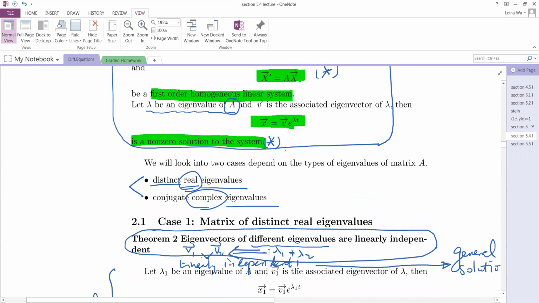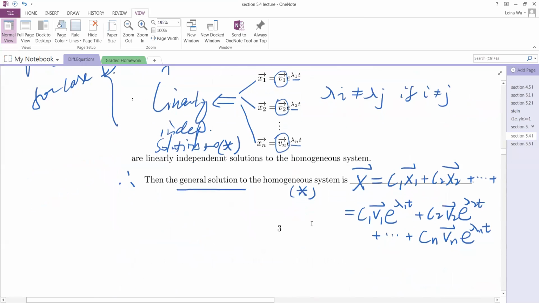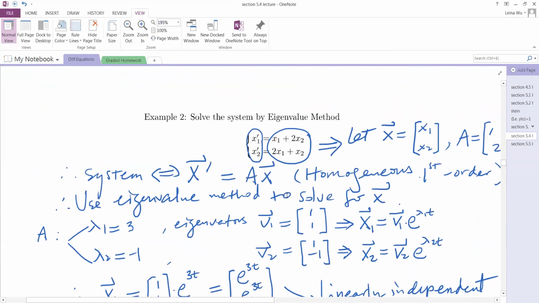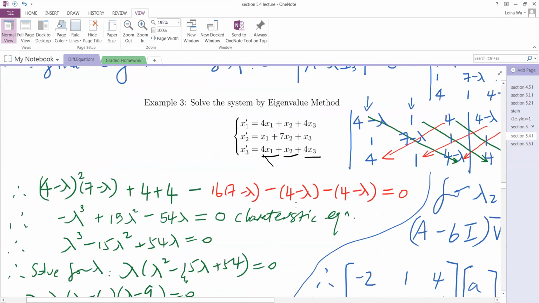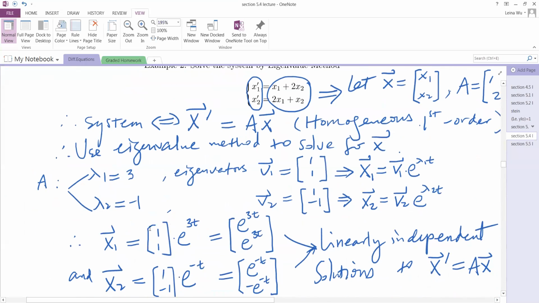If the eigenvalues are different, then the eigenvectors are linearly independent, which guarantees these n solutions x1, x2, up to xn are linearly independent. Therefore, we can take a linear combination of these solutions to get the general solution to the homogeneous system. Examples 2 and 3 that we did last time all come from that method, but that's only for the case when matrix A has distinct real eigenvalues.